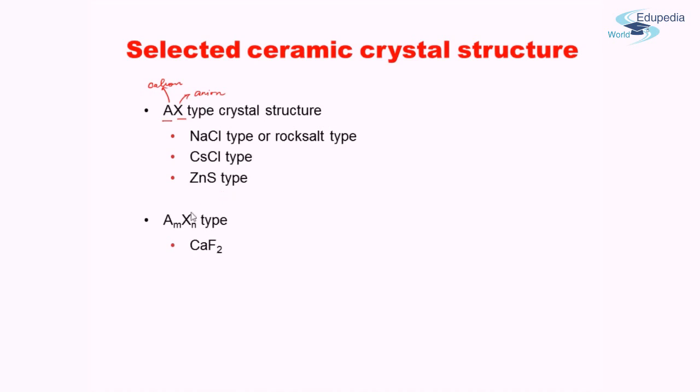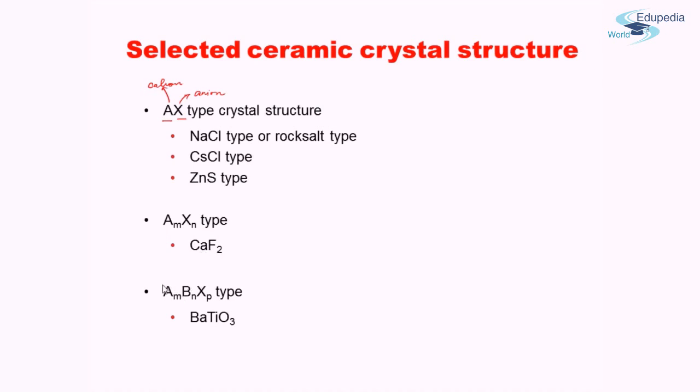Next we will see AmXn type. What does this mean? This means that the ratio of cation to anion is not 1:1. The specific example that we'll focus on is calcium fluoride, CaF2. Then finally we'll see an example where we have more than one type of cation.